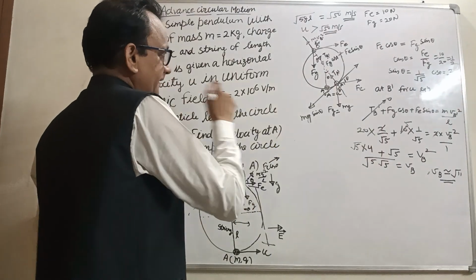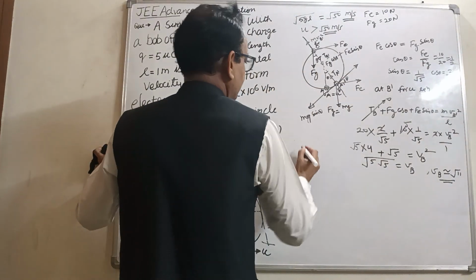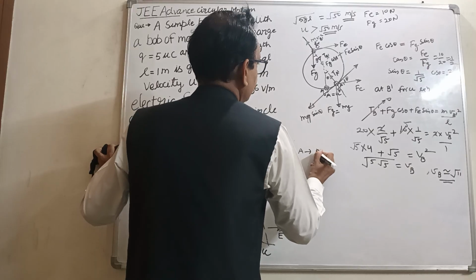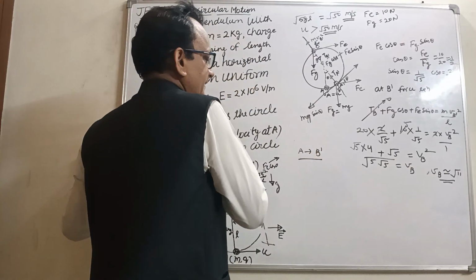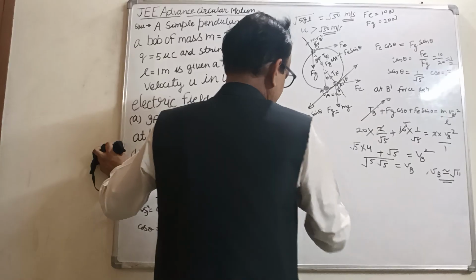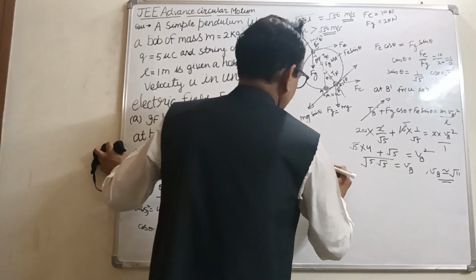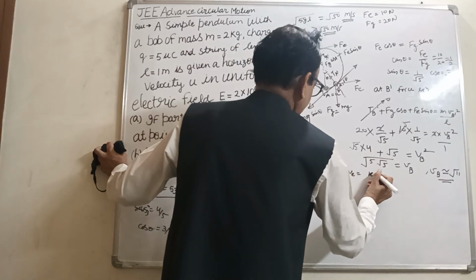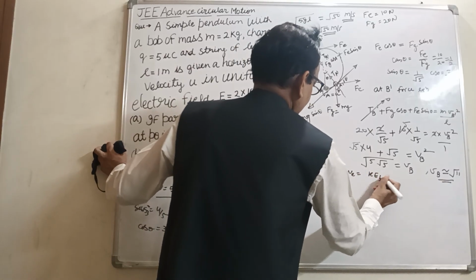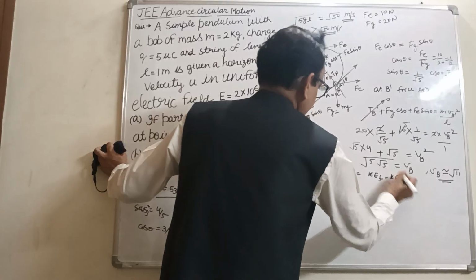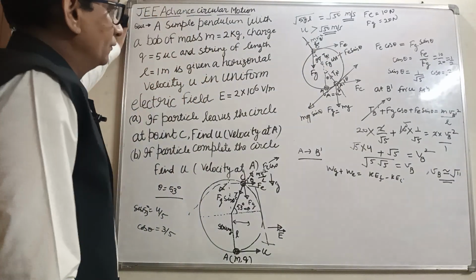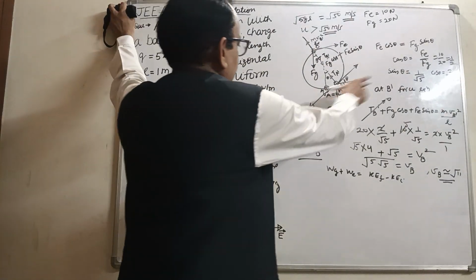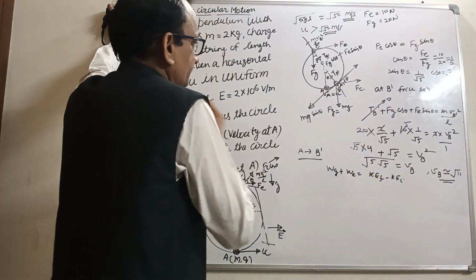So from A to B, B dash, we apply the work energy theorem: work done by gravitation, work done by electrostatic, equals kinetic energy final minus initial, potential energy final minus initial. This is the work energy theorem. So what is the work done by the gravitation force?